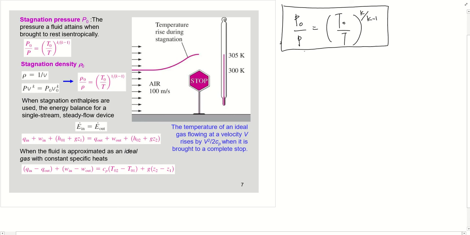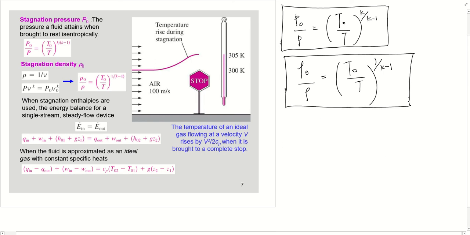And then we have another one, where we replace it with density. So the adiabatic stagnation density is rho 0 over rho equals T0 over T to the power of 1 over k minus 1. Okay, so this is a very important equation in this chapter.